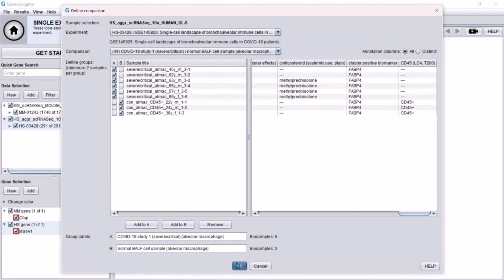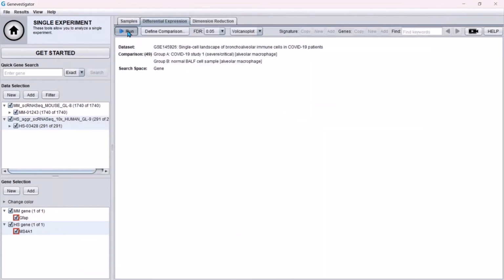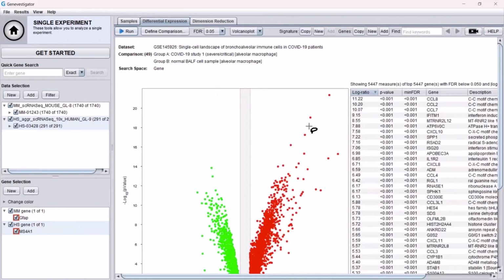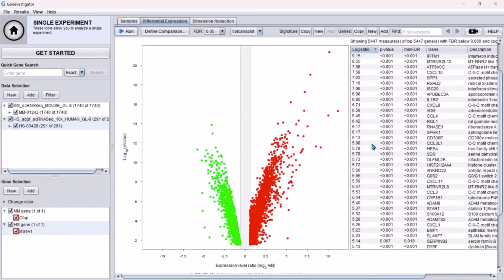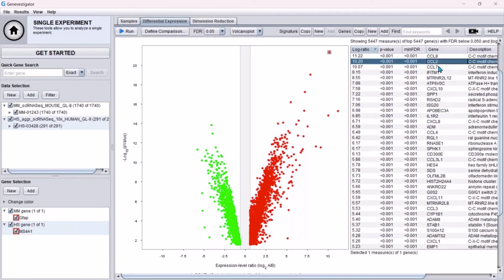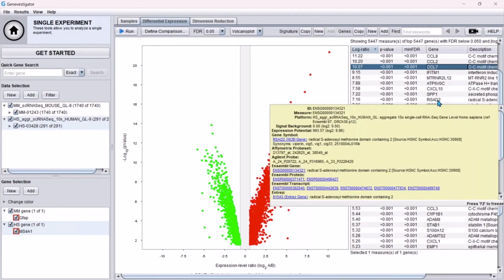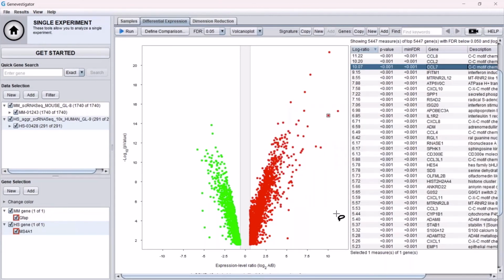After running the analysis, we can confirm that many of the top differentially regulated genes have already been described in the original publication, such as CCL2 and CCL7, confirming the reliability and the ease of use of our tools for analysis and visualization of thousands of cells.